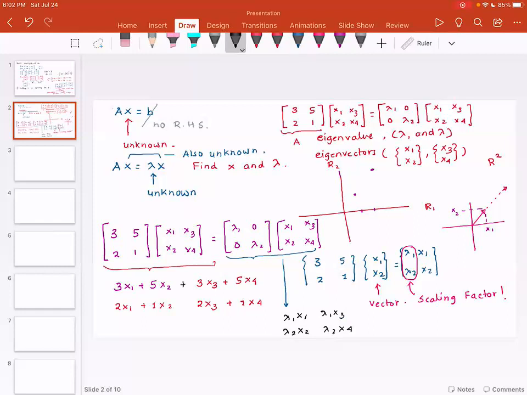So essentially, when we are trying to solve the eigenvalue problem, we are trying to solve this set of equations. And this problem can be stated in pairs.